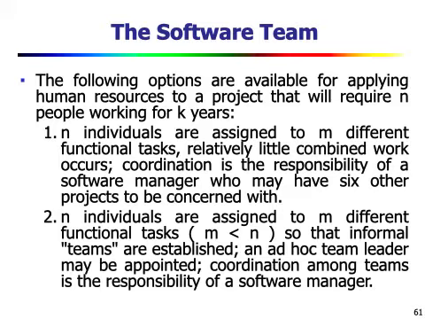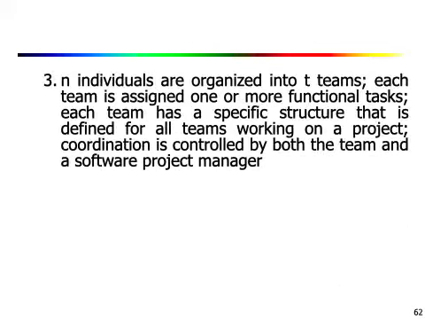And the third option is N individuals are organized into T teams. Each team is assigned one or more functional tasks. Each team has a specific structure that is defined for all teams working on a project. Coordination is controlled by both the team and the software project manager. So that is the third option.